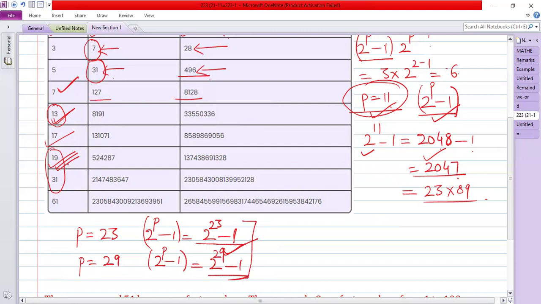So after 19, it is 31 and then 61. These are the corresponding Mersenne primes. Please mind, these are what we call Mersenne prime numbers, and this side is nothing but our perfect numbers.